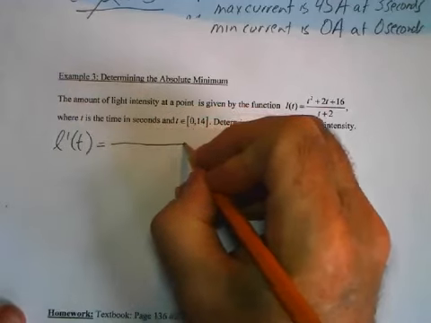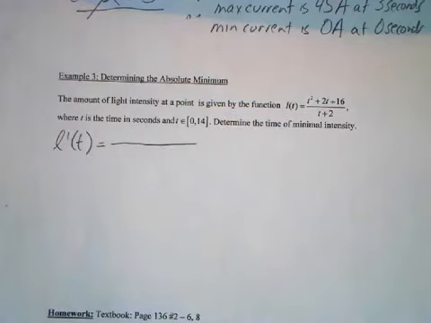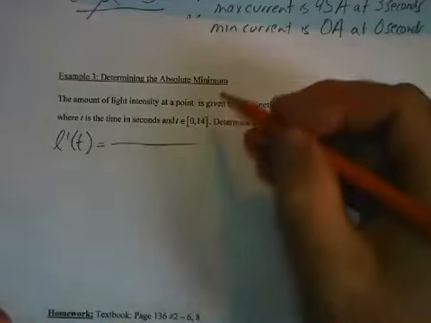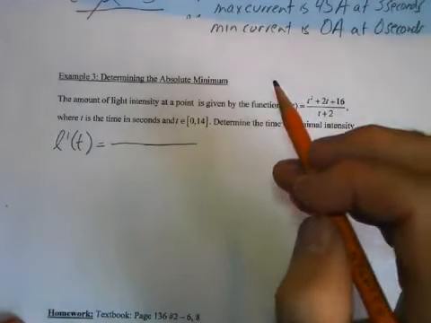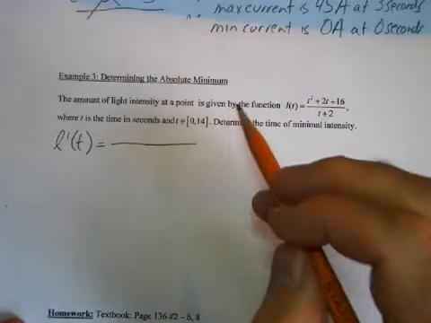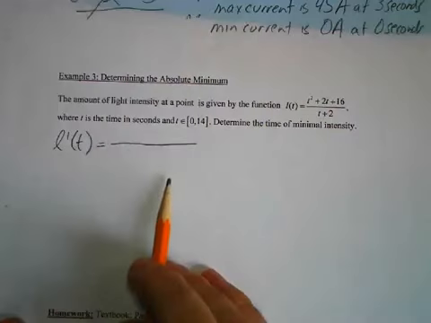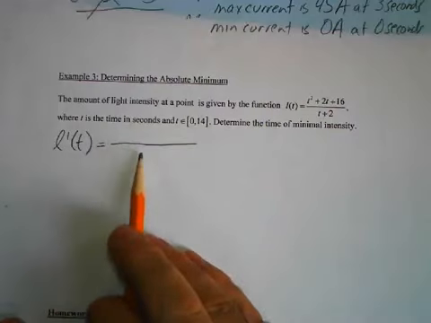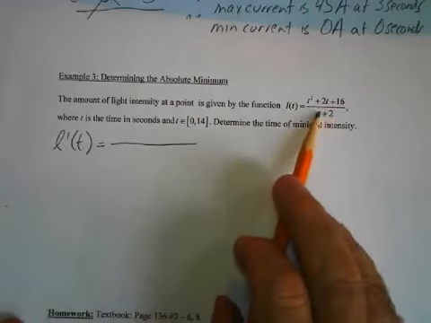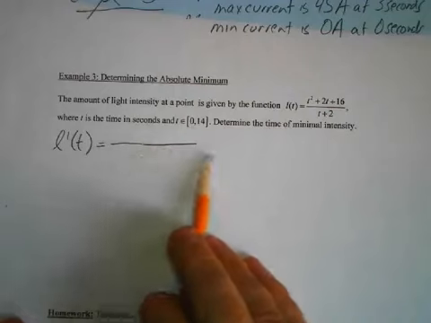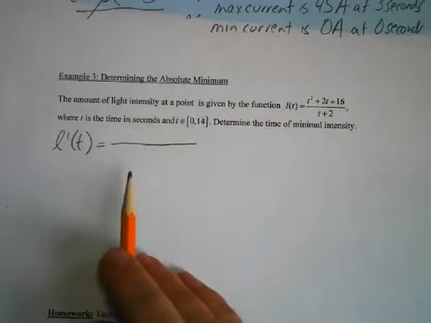and I would definitely do for these type of applications, definitely do the quotient rule, because you're only going to get one term with the quotient rule, whereas if you do product rule, changing this to t plus 2 to the negative 1, you're going to end up with two terms. You're going to have to combine them anyways.